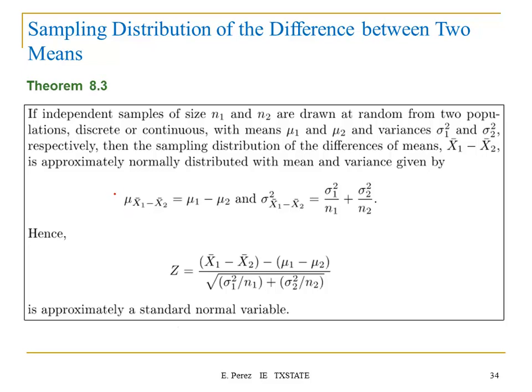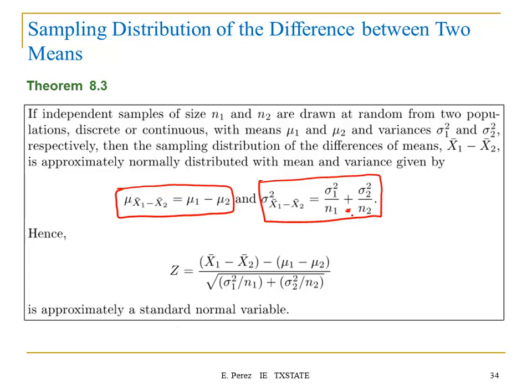So the mean is here of the difference, and the variance of the difference is here. Hence, we can use the standard normal random variable using those parameters to estimate that z value. So our mean now is the difference between the means of the populations, and our variance is the summation of the variances.